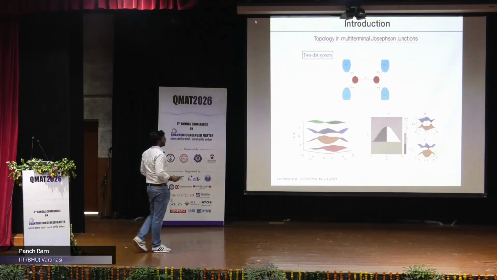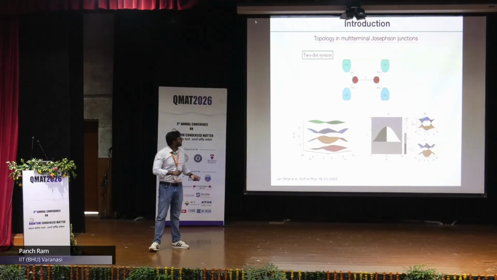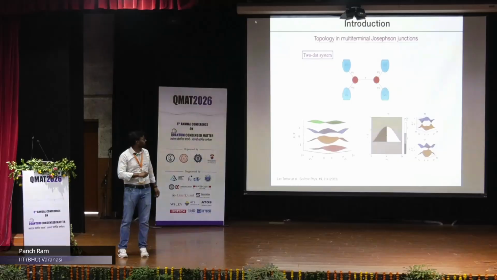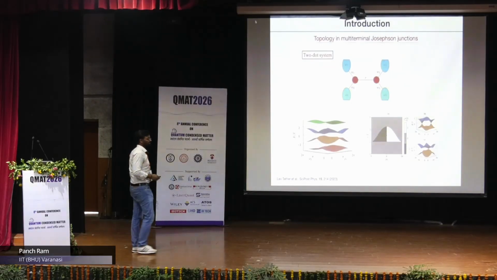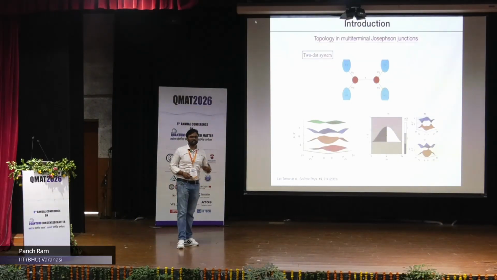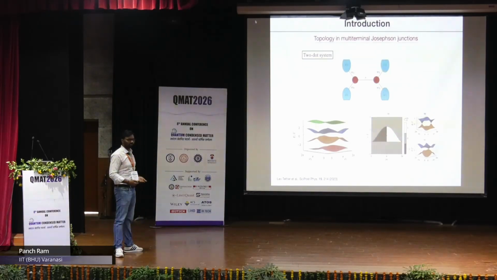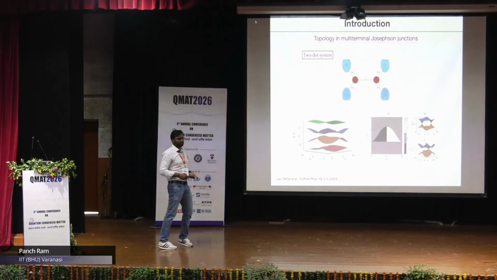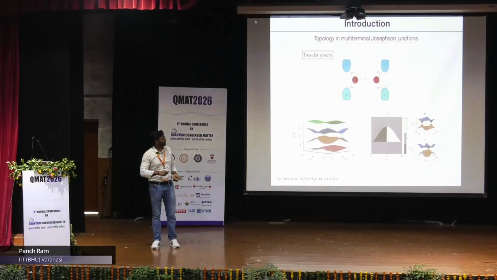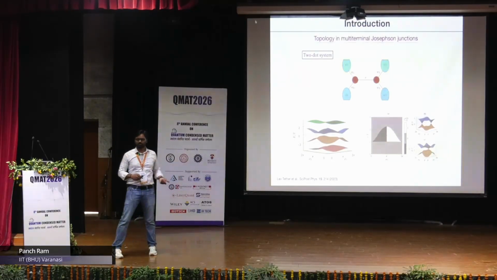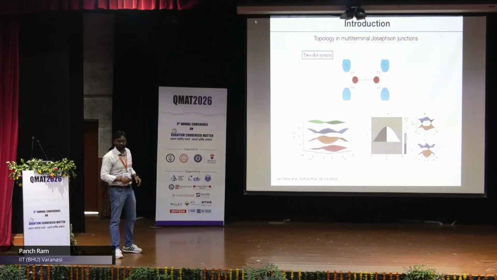But again, the question was how to deal with this hopping in the experiment. So what we suggested, let's look into any two-dimensional material and try to find out if we can make a quantum dot kind of system there to observe this topology.